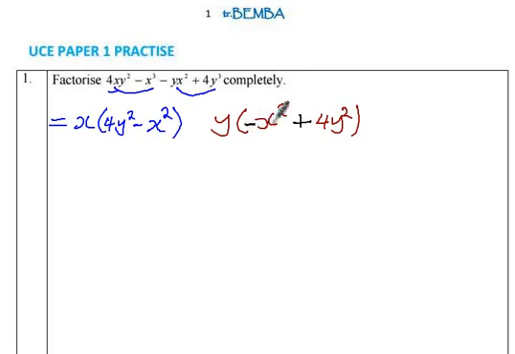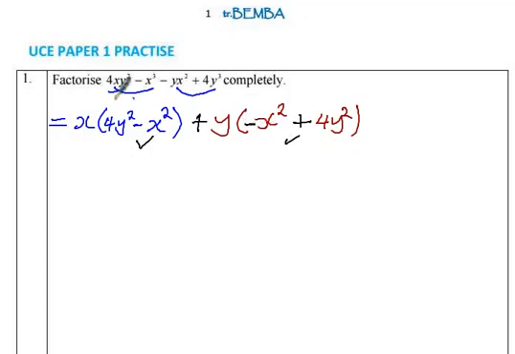All right, so now what should this y be? Since I have minus x squared, this y should be a positive y, so that when I multiply it by this, I get minus yx squared, and when I multiply it by this, I get positive 4y cubed. Okay, we've seen that trick there, but please, we must have the sign there. Now by doing this, I discover that this bracket here is the same as this bracket.